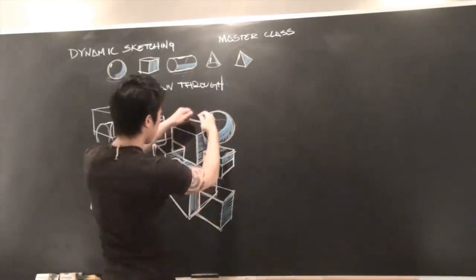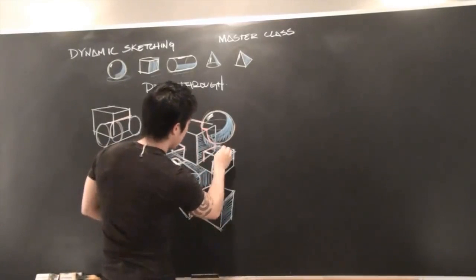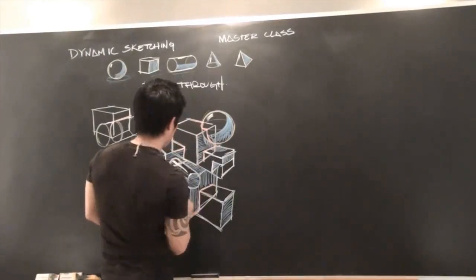And try to find points where one thing is casting a shadow on top of another. And find those cast shadows. Put them in. It gives it more depth.